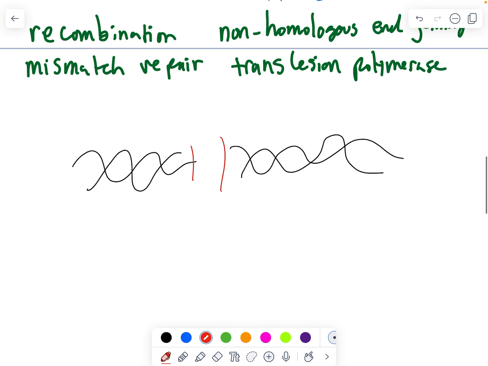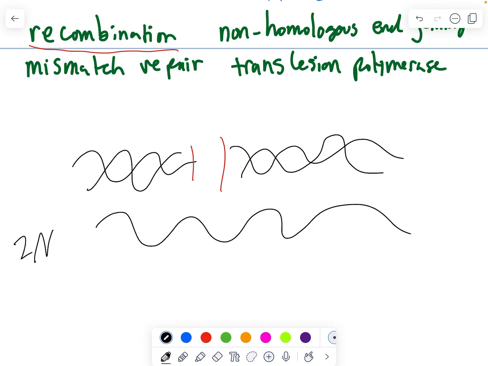And one of the things that we can do to fix that double-strand break is called recombination, or homologous recombination. For diploid organisms, like humans, we have 2 sets of chromosomes. So if we have one chromosome that experiences this double-strand break, we have, in theory, another chromosome that's identical to it, and so we can line those 2 chromosomes up together, and I can use the information from this homologous chromosome to fix its homologous partner. So we call that homologous recombination.